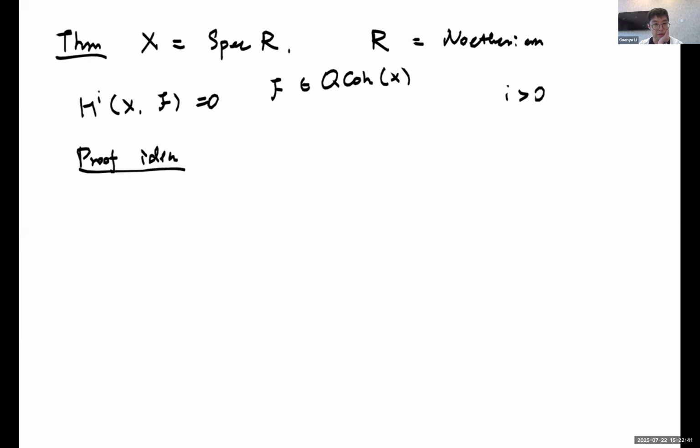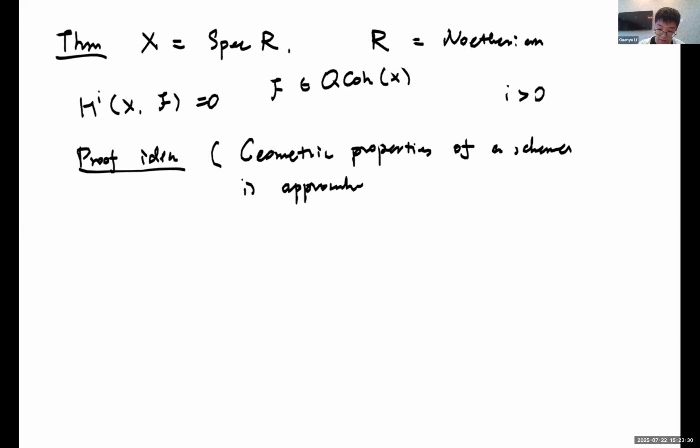This is the only proof I'm going to talk about today because I want to show something here, which should be called the principle of algebraic geometry, or the technical part: geometric properties of a scheme are approached by algebraic tools.